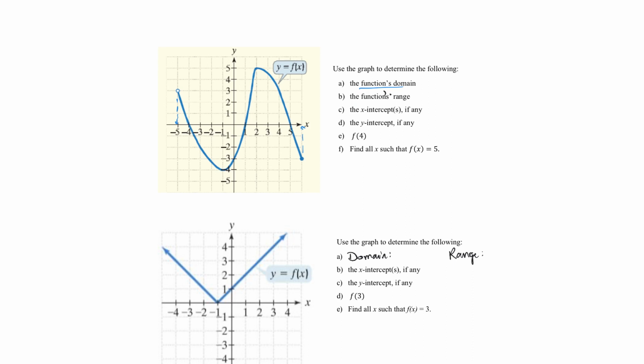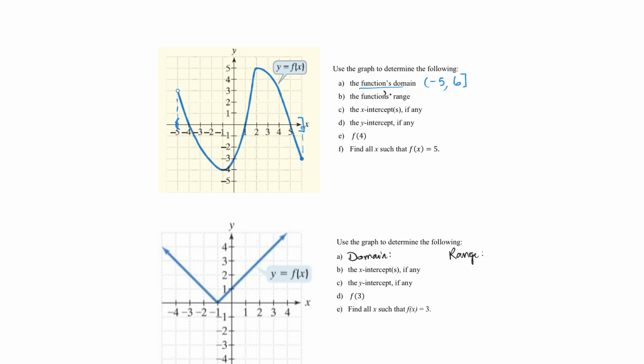I see that I have an open circle here, so that's going to be a parenthesis in my interval notation. Here I have a closed circle, so that's going to be a bracket. So this function's domain is from -5, parenthesis, not including that endpoint, to 6, bracket, including that endpoint.